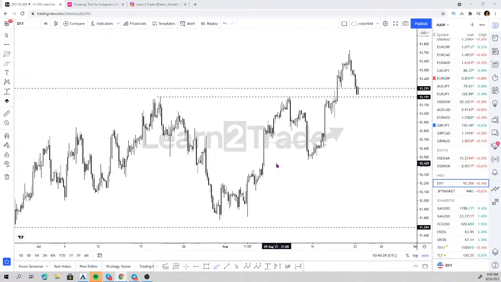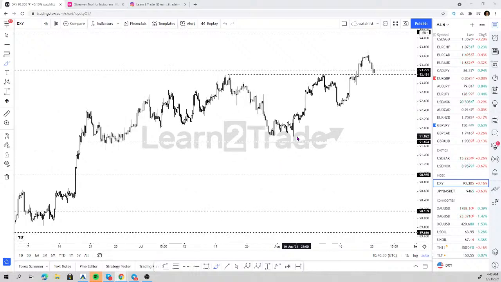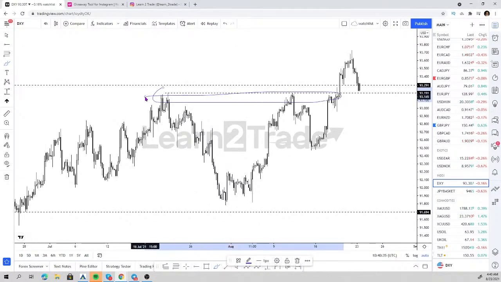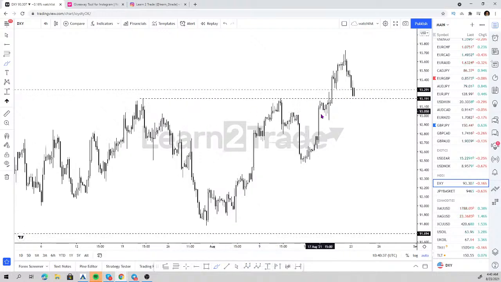So the US dollar currency index, the DXY, is retesting the previous broken highs. This is extremely bullish to me, right? After that massive breakout, the probability of momentum drying up was very high. Why?